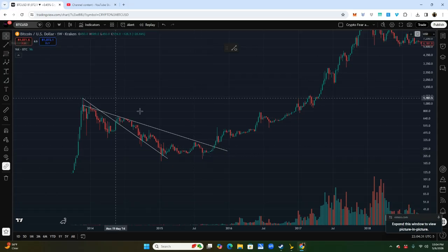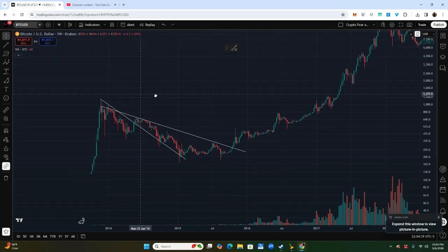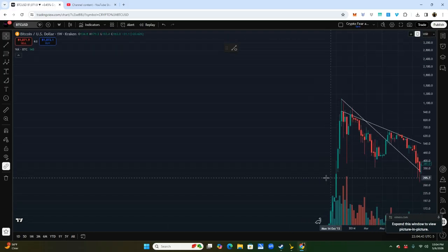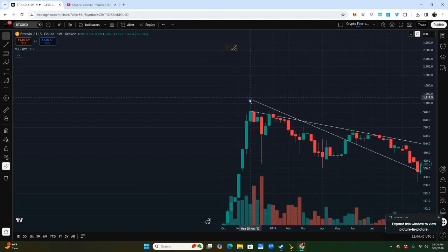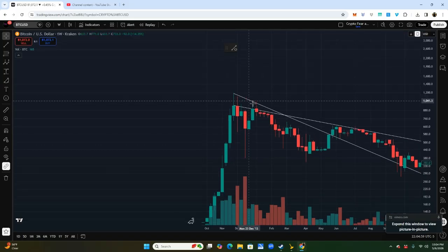Now you also have trend lines based on the bottom. When you want to draw a trend line, you want the most amount of touches. So if we come down here, at least 2 touches, but the more the better. So you have 1 touch here, another touch right here, and pretty much at the top of the trend line. And that's how you would start the trend line, with 2 touches.